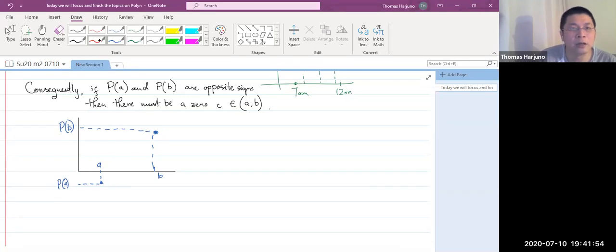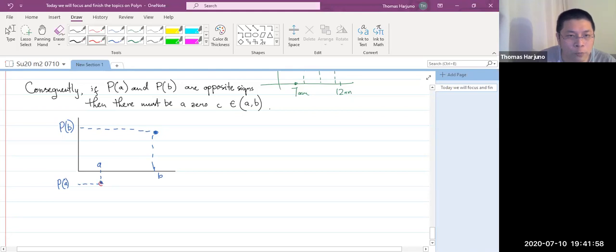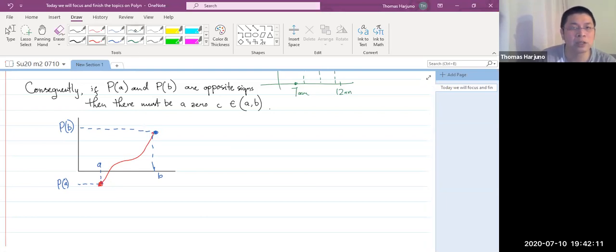However you move, as long as it is a continuous function, however you move from this point to that point, you must eventually hit the x-axis at least once. However you draw it, as long as it is continuous, you must hit that x-axis at least once. Maybe like this, you never know.